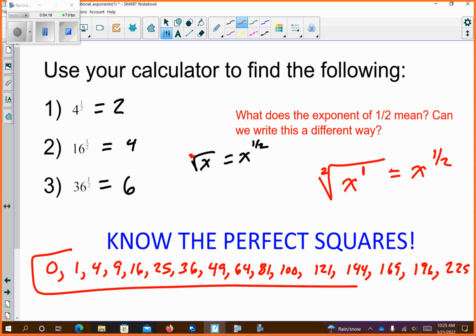Ideally, it would be wonderful if you had an understanding of the first 16 perfect squares. You're like, 16? Yeah, because it started with 0. So a perfect square is a number times itself. Okay? So what does the 1/2 power mean? 1/2 power means it's a square root. So this is the way you write it a different way. Perfect squares, again, you're just taking a number times itself. You do that, you get a perfect square.